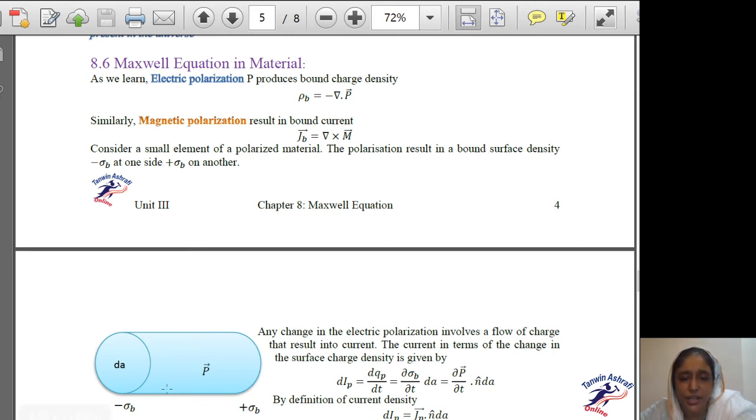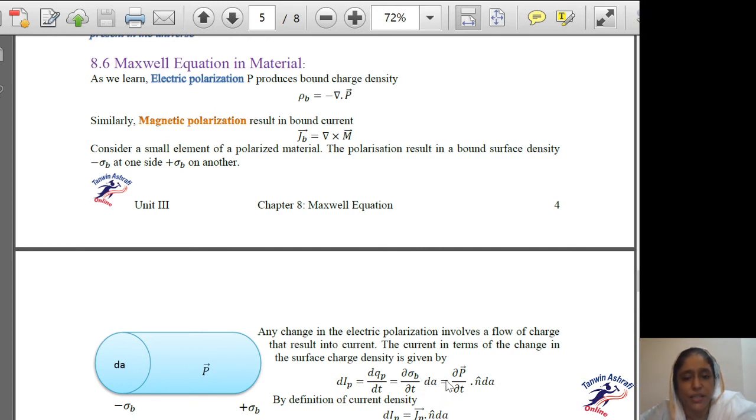Any change in electrical polarization involves charge flow, and that results in a current. The current due to the change in surface charge density is dIp, the current due to the polarization, equal to sigma b A divided by dt.